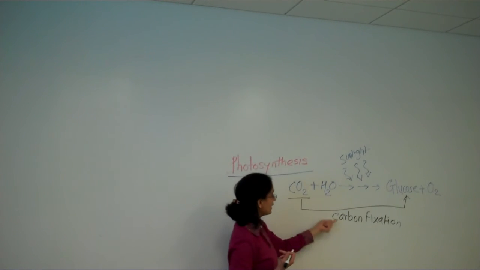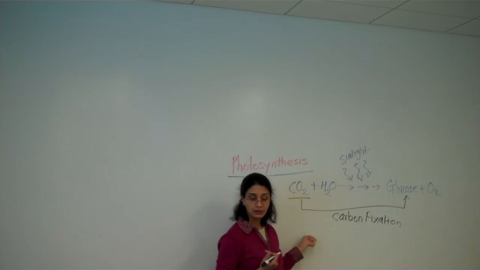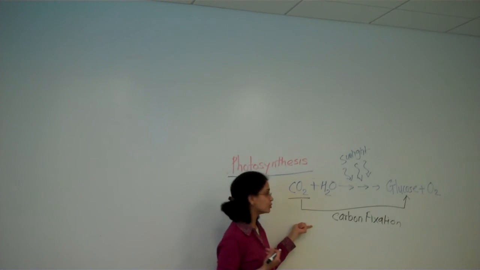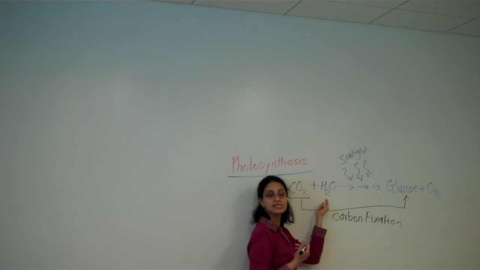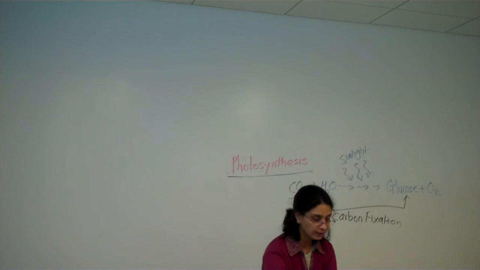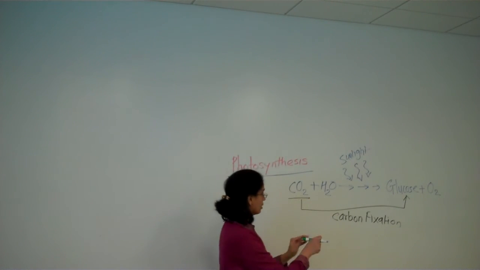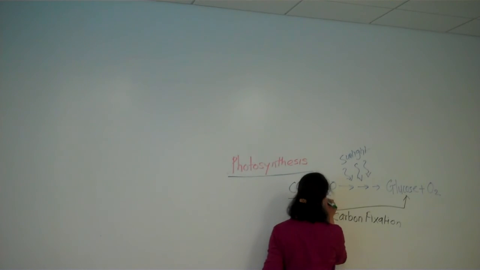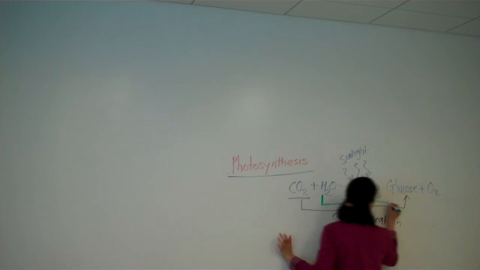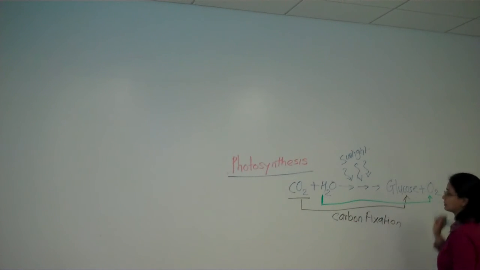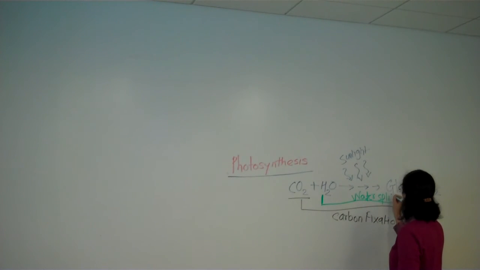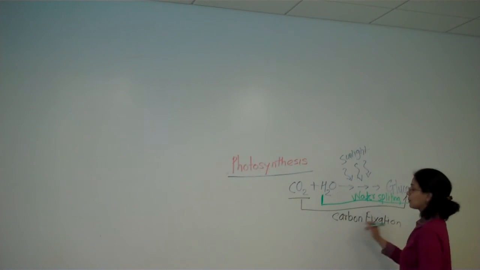Now, in addition to carbon fixation, during photosynthesis plants also split this water. So this water is split into giving you gaseous oxygen. So we are involving two steps: water splitting and carbon fixation.